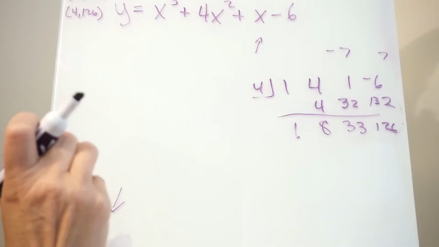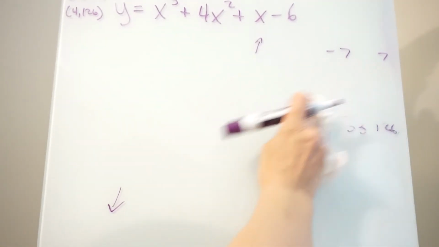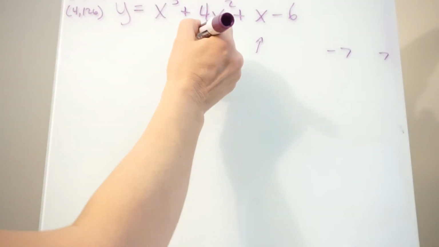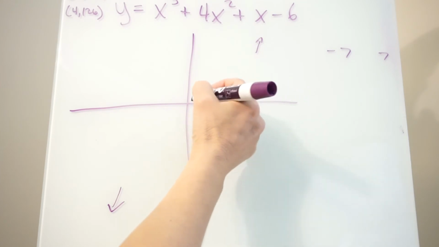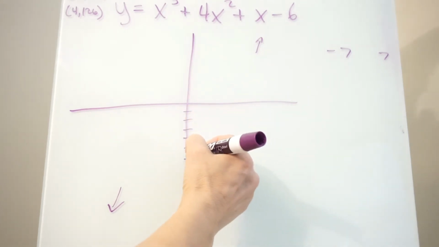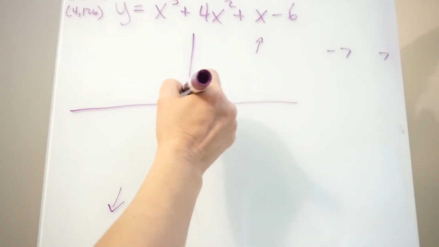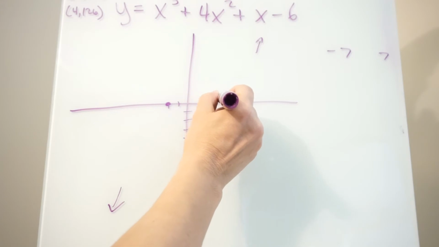All right. So on our graph so far, what do we have in this region of interest? We just know that we have 0, -6. We know that we have -2, 0.